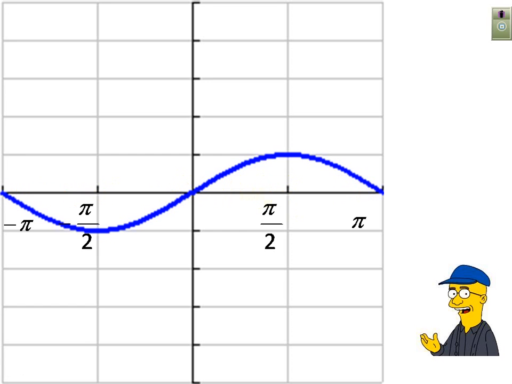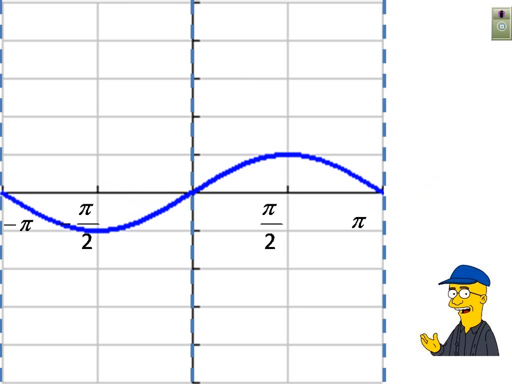Now, clearly, we can see that we're going to have asymptotes at pi, 0, and -pi, because after all, that's where sine is 0. Cosecant is 1 over sine.